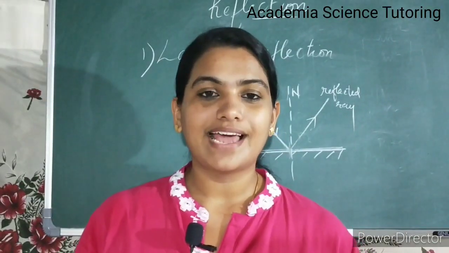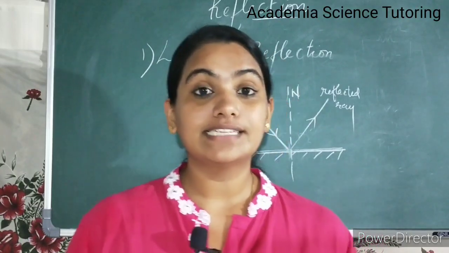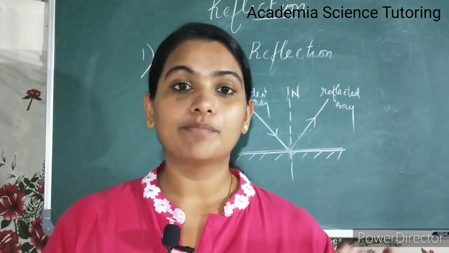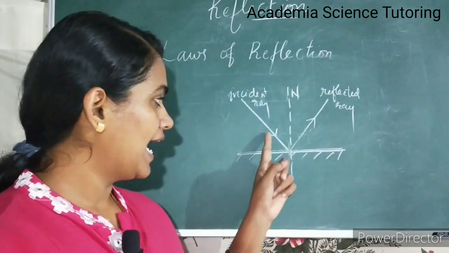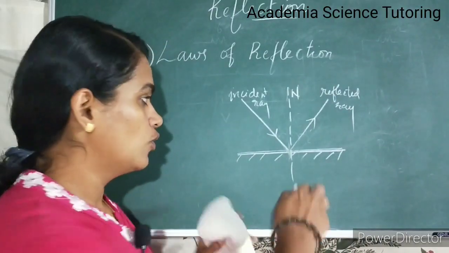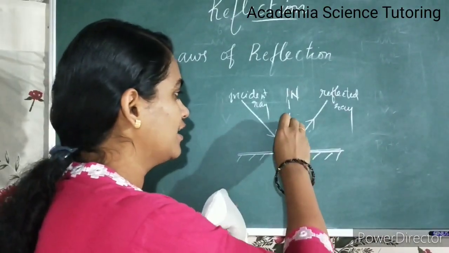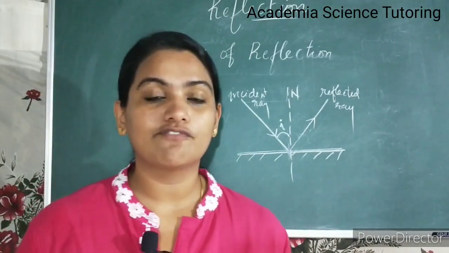So what is the angle of incidence and angle of reflection? Angle of incidence is the angle made by the incident ray with the normal. So this is the angle of incidence, I. And what is the angle of reflection?